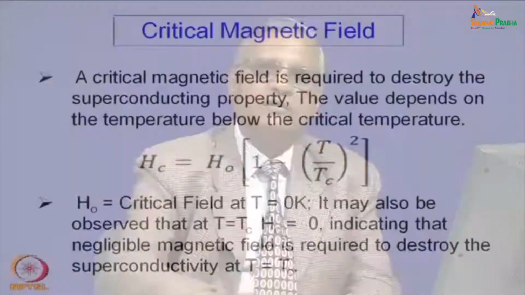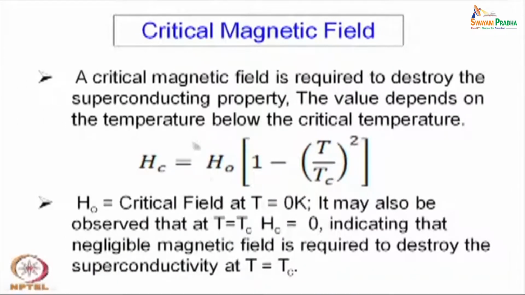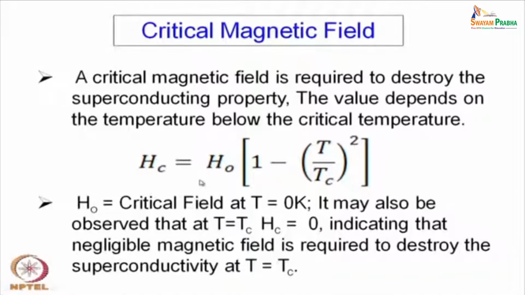So, there is a critical magnetic field Hc, which can be expressed in this manner: H0 multiplied by 1 minus (T by Tc) squared, where H0 is a constant specific to that particular material, the critical field at T equal to 0.